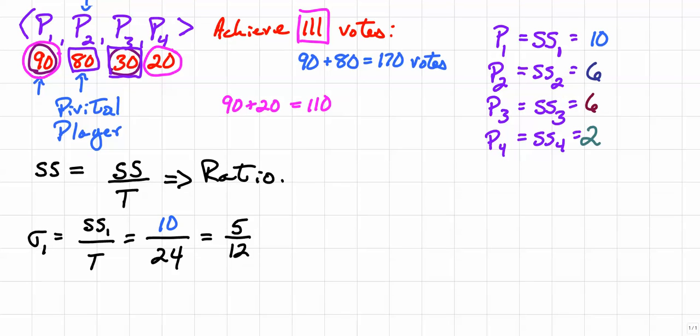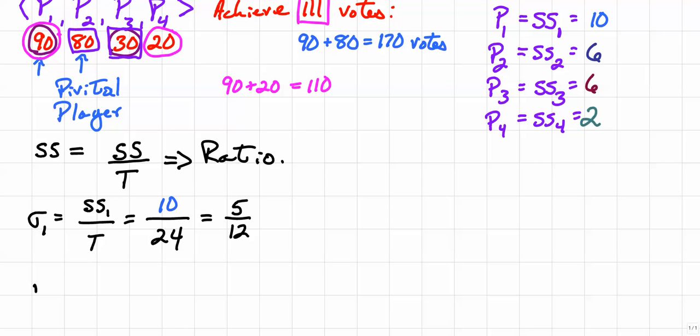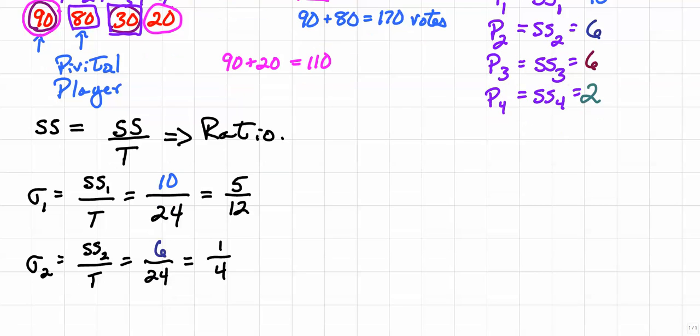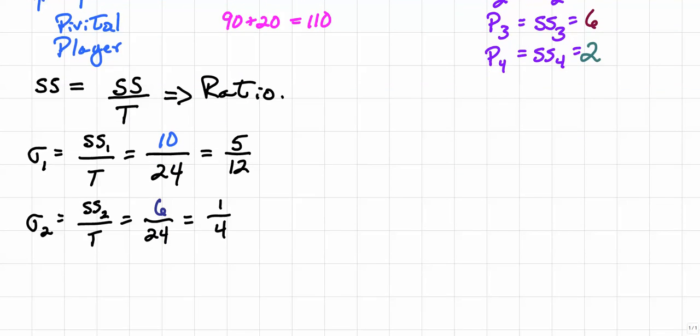Then we're going to go ahead and find sigma sub 2. And that will be equal to SS sub 2 over T, which in this case will be equal to 6 over 24, which will be equal to 1/4. And we're going to continue down the road.